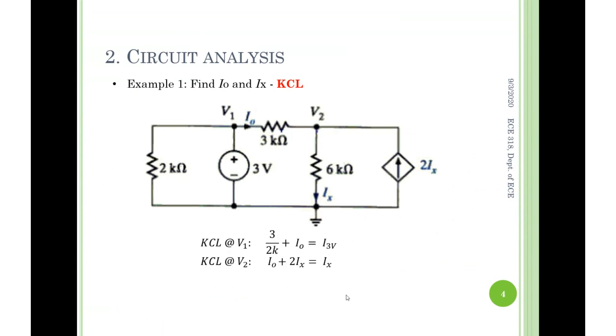How about these two? I'll give you guys 1 or 2 minutes to take a look at these equations, and then I will come back to explain. Take a look at these two equations and think about them to see if they make sense to you.